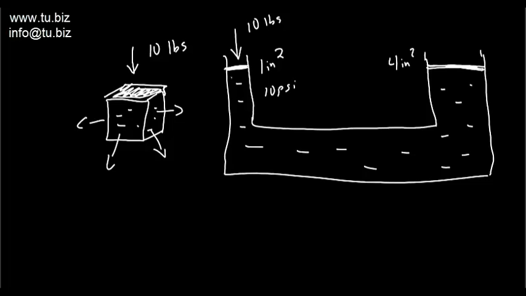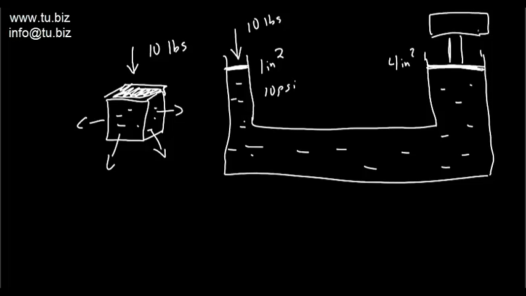container. Now, all of this is fluid. That same 10 psi is going to apply in all directions inside this box. And over here, you have also a bigger area, and on this area you want to lift a load on this side.